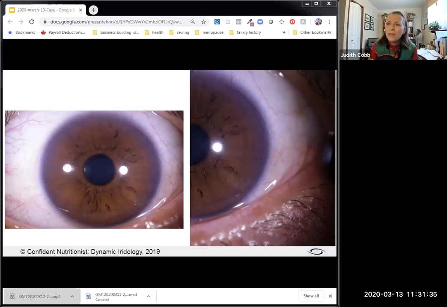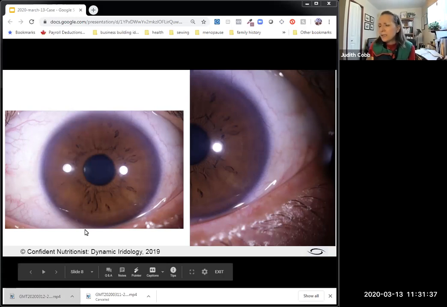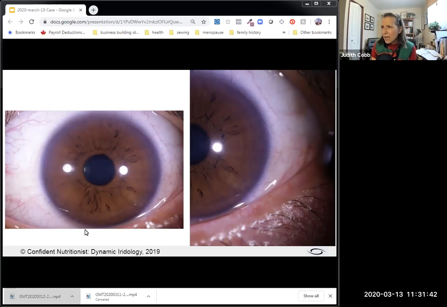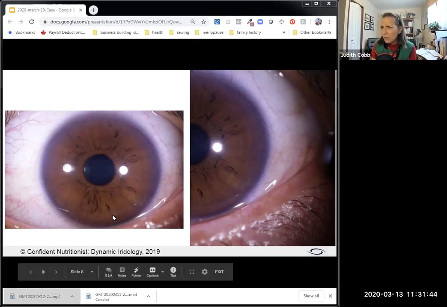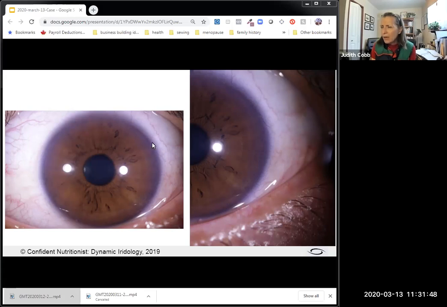We also see that, and again, I hope you can see this well on your screen. Can you see that she's got wrinkles in her eye down here and coming up through here? But also notice that this side of her eye looks a little cloudy.